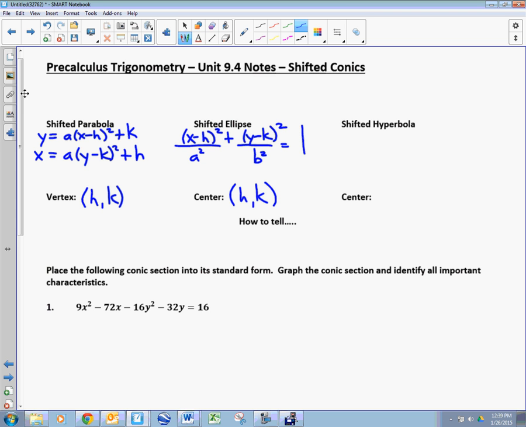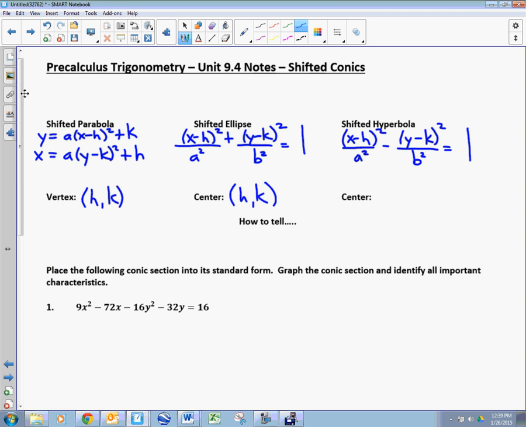Maybe you remember when we did circles in section 1.9. And a shifted hyperbola will look very similar. I won't write both equations down.